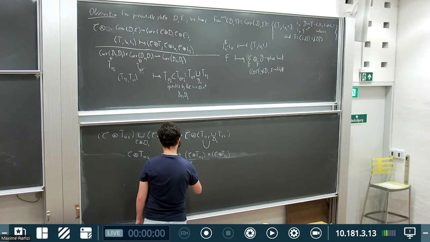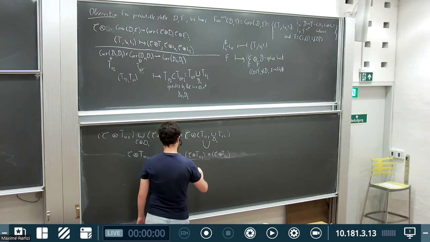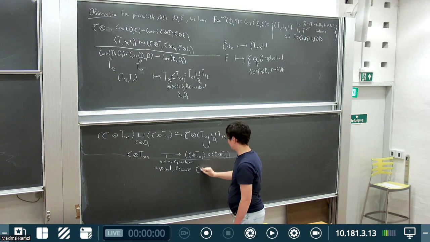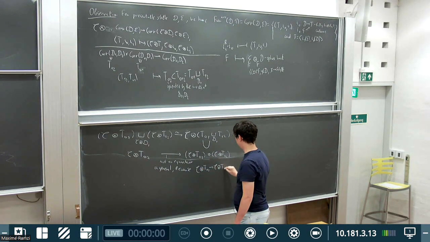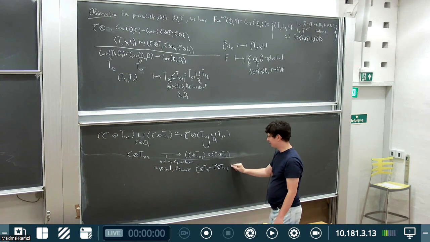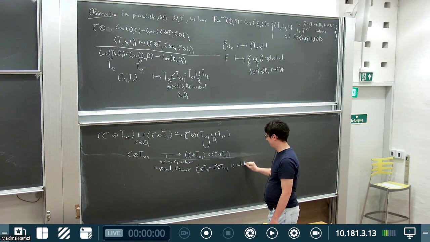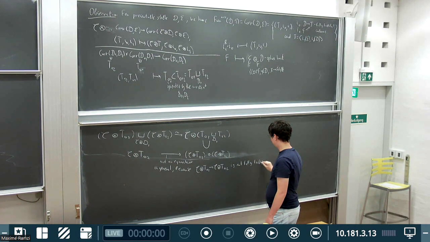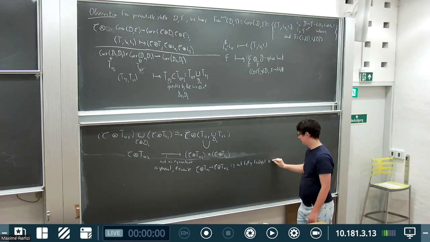Because the functor from C tensor T02 to C tensor T012 doesn't have to be fully faithful in general.